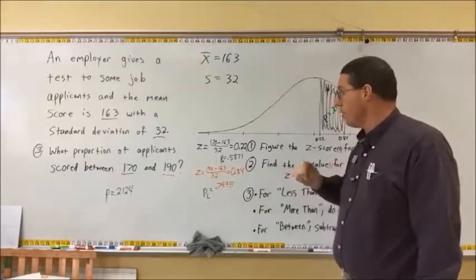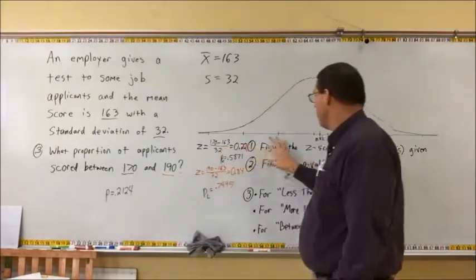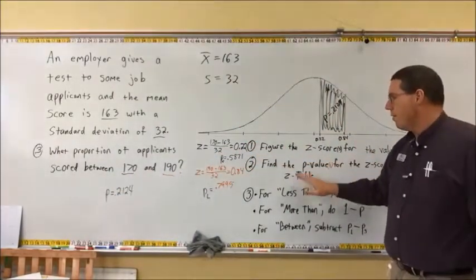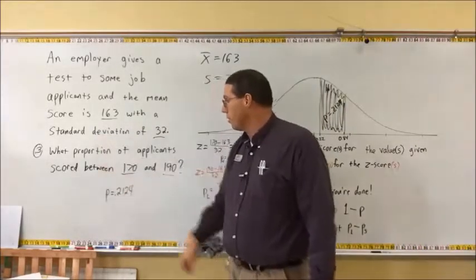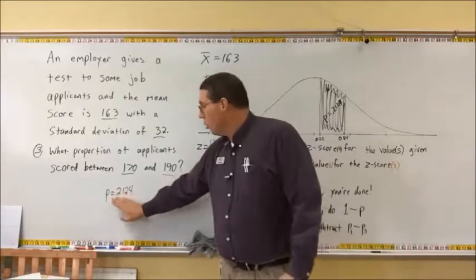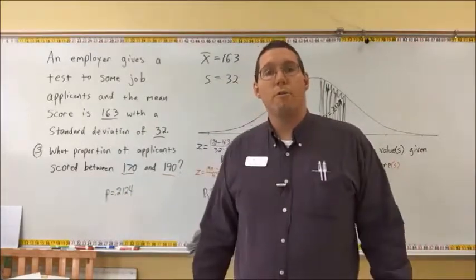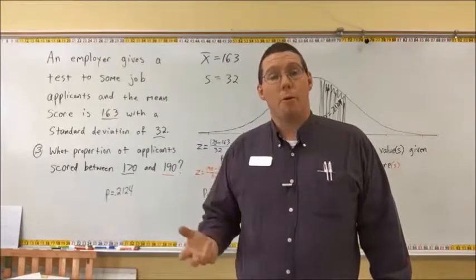Okay? And so the way you answer a between question is you turn both of the numbers into a z-score, find the p-values for both z-scores, and then subtract the p-values, and that gives you your answer. So in this particular case, about 21% of all the people that took that test scored between 170 and 190.